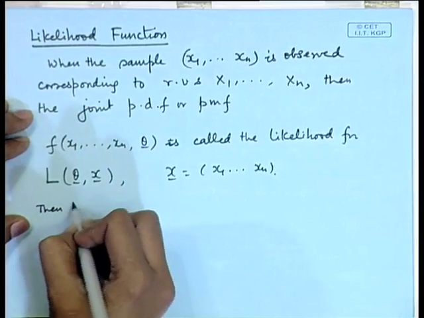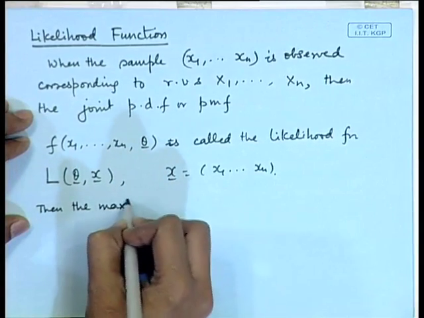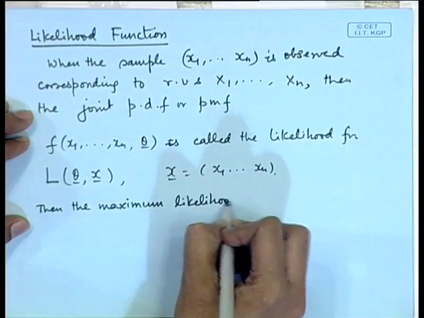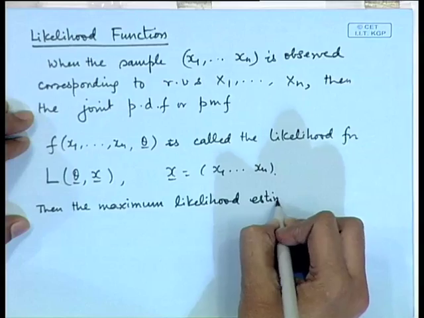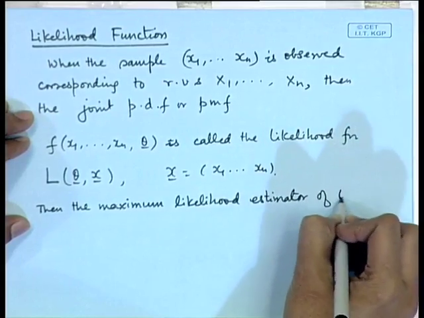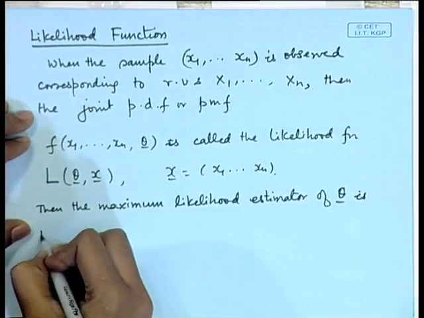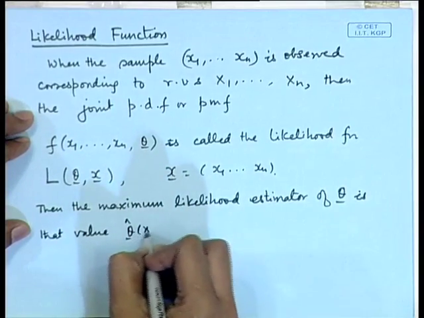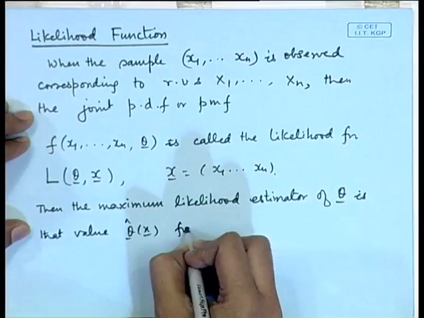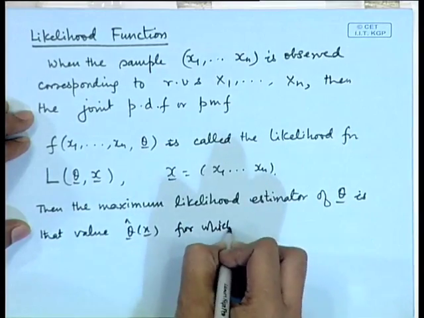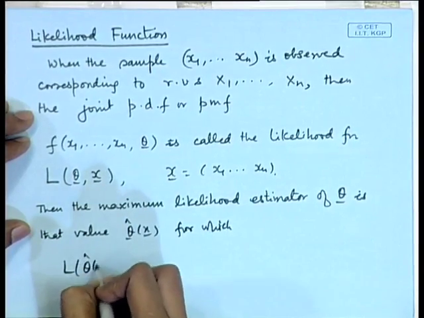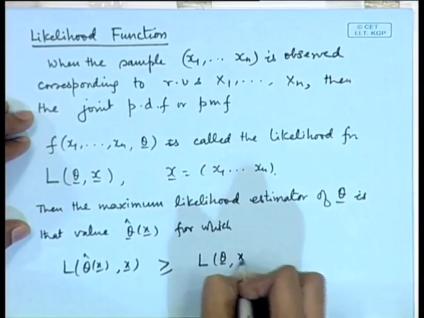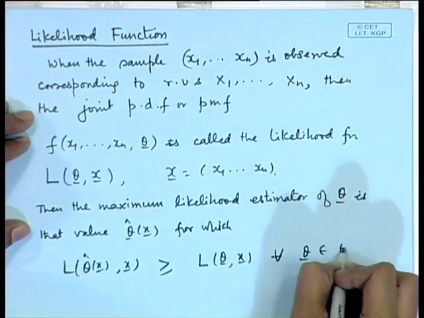Then the maximum likelihood estimator of theta is that value theta hat x for which L theta hat x is greater than or equal to L theta for all theta belonging to the parameter space theta.